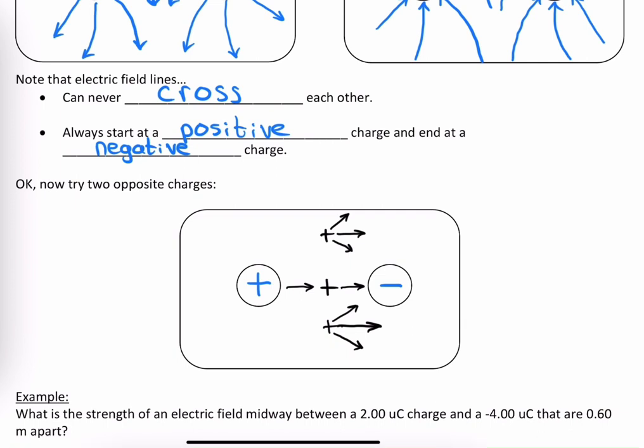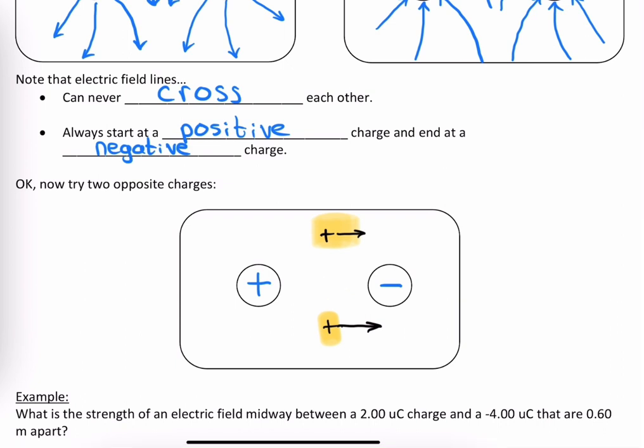So up here at the top between the two charges, I should have electric field lines going to the right. Down here at the bottom between the two charges, I should have electric field lines going to the right. And directly between the two charges, I should have electric field lines going to the right.